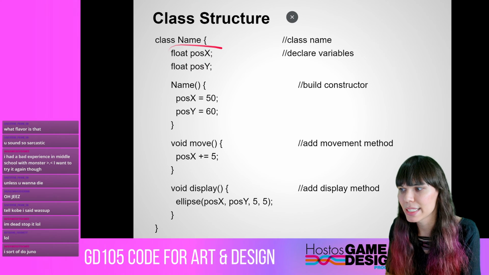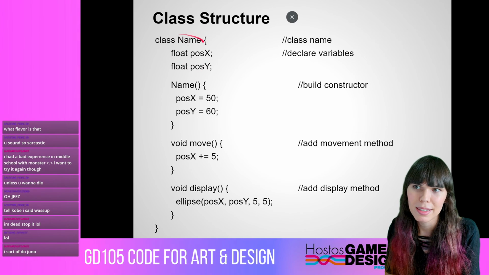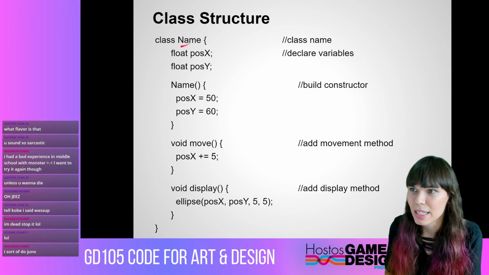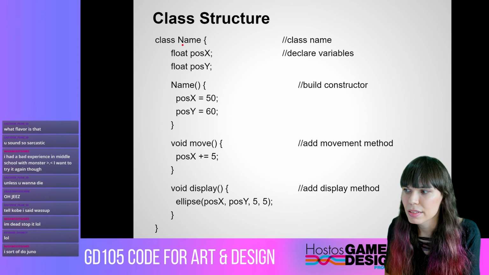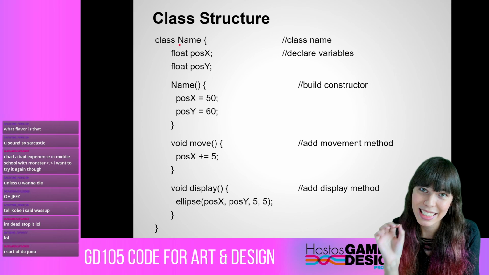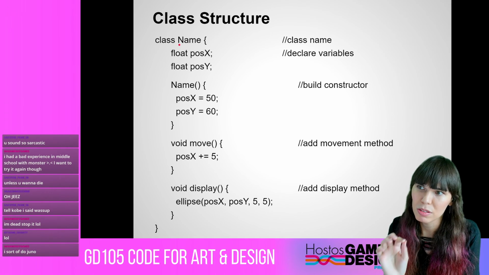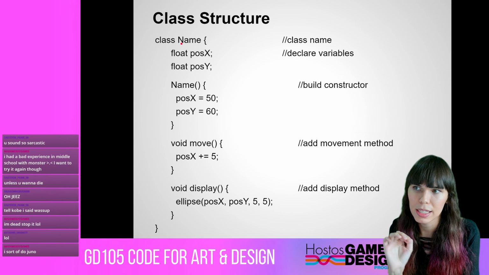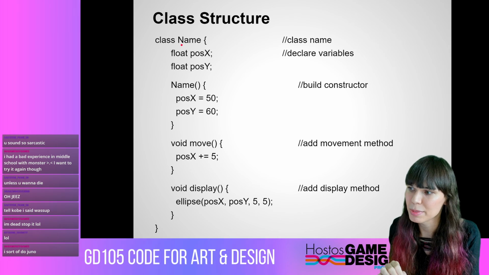You might notice that the name of this class is Name, with a capital N. The convention in code is when we are talking about class names, we use a capital letter for the first letter of the class name so that we know we're talking about the class and not an object.